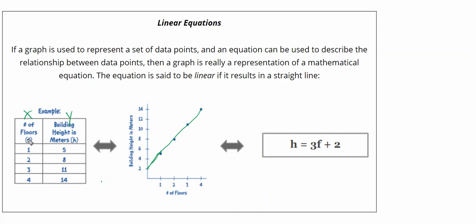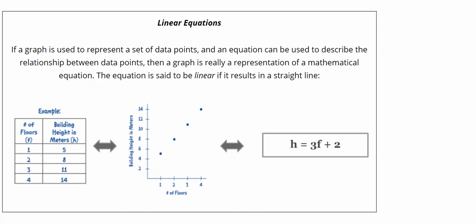If the number of floors was 0 and we went backwards, this was 2, so if the number of floors here was 0, then we would be at 2. This will always be the case with this equation: this 2 is always going to be where we start, our starting position when we get going. How you guys doing with that?